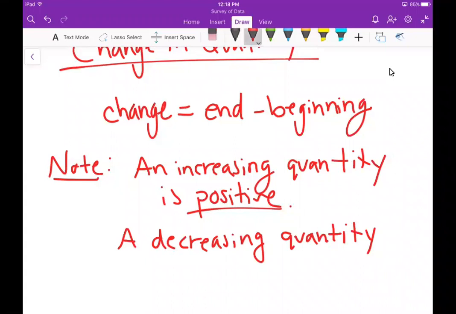There we go. A decreasing quantity is negative. Okay, if you do your change the correct way with end minus beginning, these two things will be true. If you accidentally switched around, you'll have gotten the wrong sign and you'll need to make that correction.